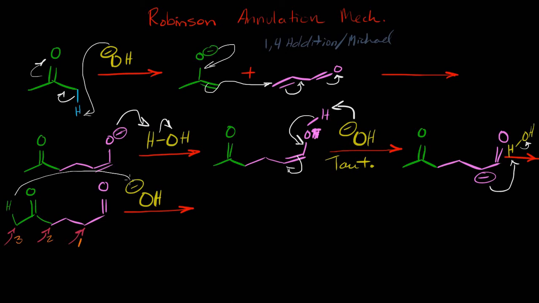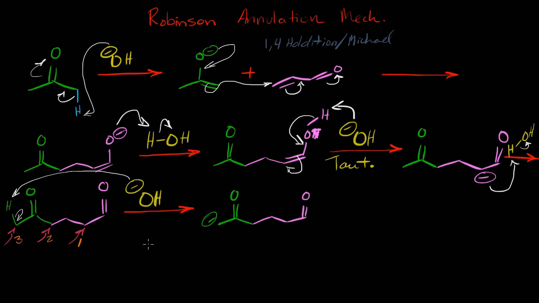And our hydroxide comes over and pulls it off. When it does that, I'm going to draw the electrons going onto the carbon. We will now get our next intermediate, which is this molecule. And can you see what's going to happen next?